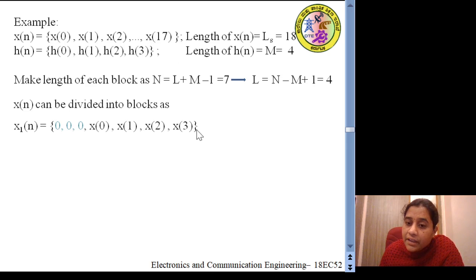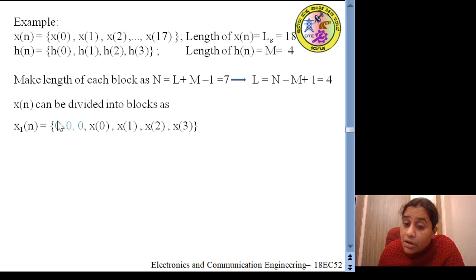The next block consists of first M minus 1 samples that are the repeated last M minus 1 samples of the previous block. See here, the value of M is 4, no? So in the first block, the first 4 minus 1, that is 3 samples, are appended zeros.